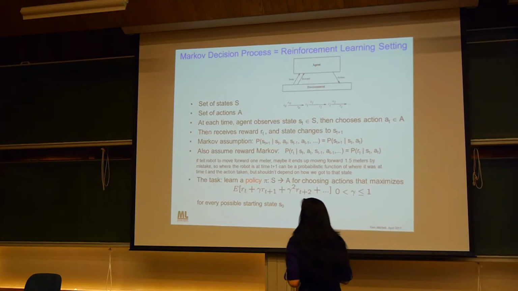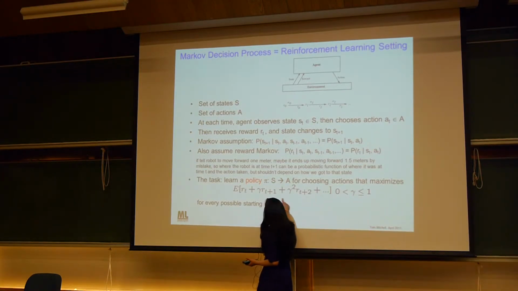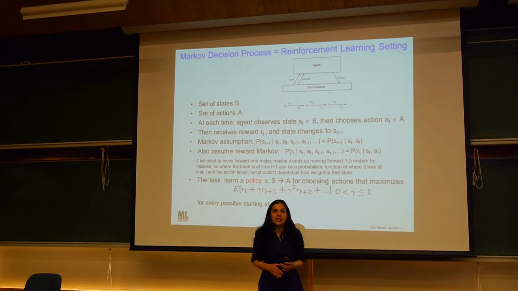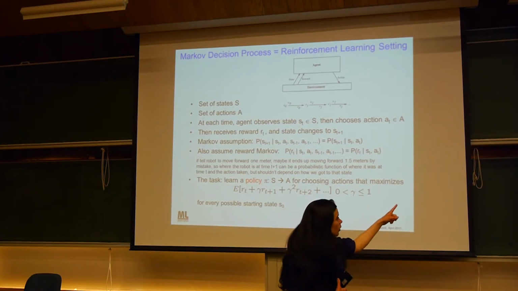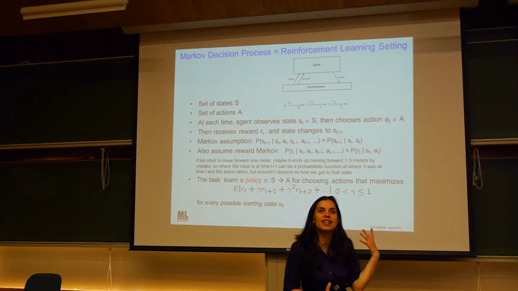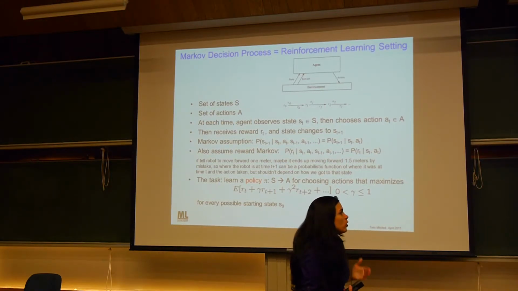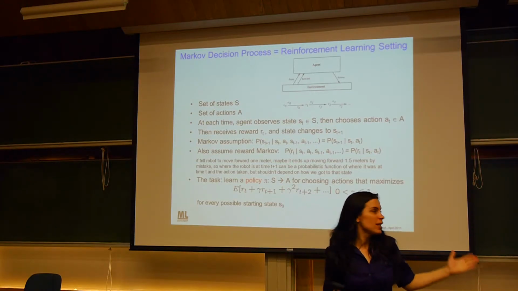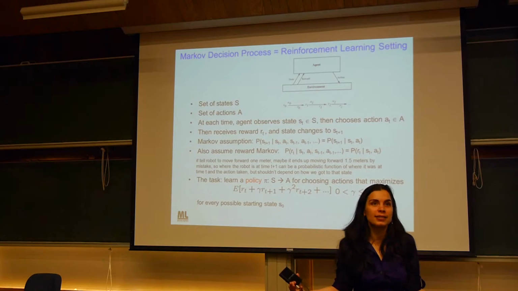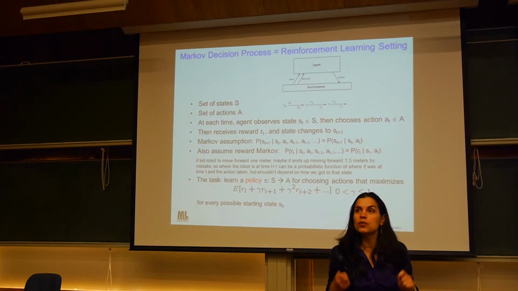And ideally we want to be able to do so no matter what the starting state s0 is. It turns out that for these MDP models, when I say Markov decision processes, we abbreviate it as MDP, there is a unique policy that is the optimal policy according to this objective, no matter where we start. And our goal is to find this policy.